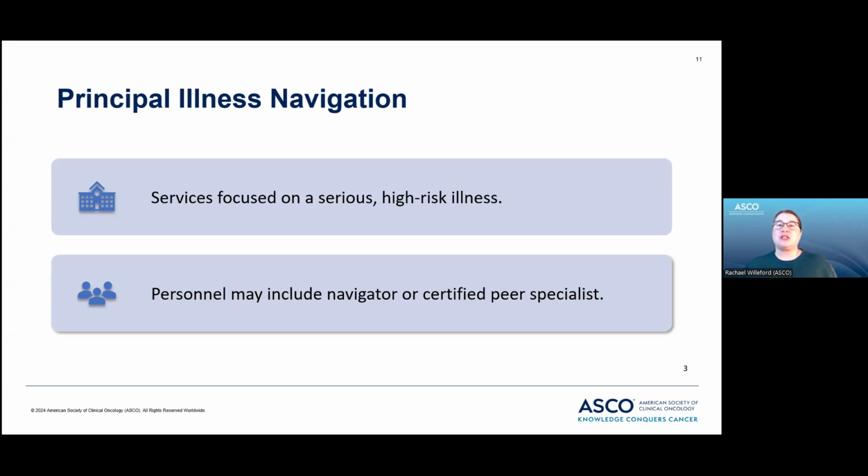Principal illness navigation services may be performed by auxiliary personnel who must be certified or trained on the serious high-risk illness or condition that's addressed in the initiating visit, in addition to the navigation. These personnel can include staff like cancer navigators, mental health navigators, social workers. Also, certified peer specialists may provide services that focus on the behavioral health conditions.